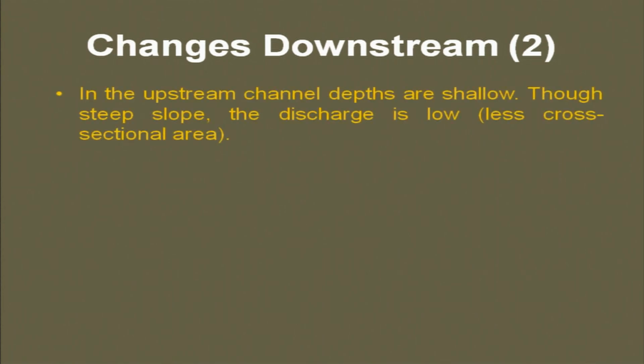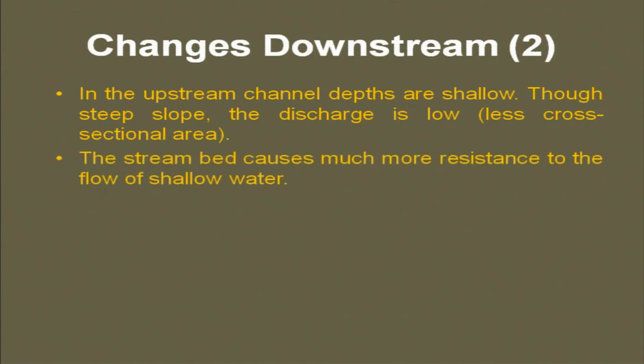In the upstream channel, depths are shallow, though the slope is steep, the discharge is low, and the cross sectional area is less. So what we were looking at are the V-shaped valleys. The stream bed causes much more resistance to the flow of shallow water.